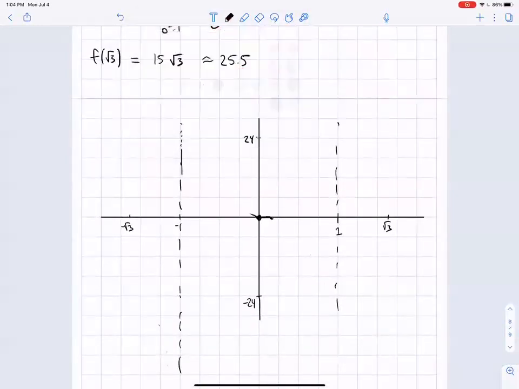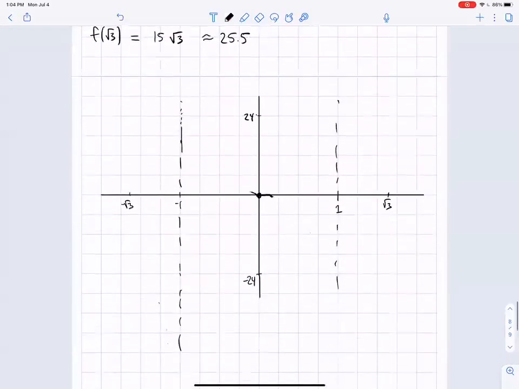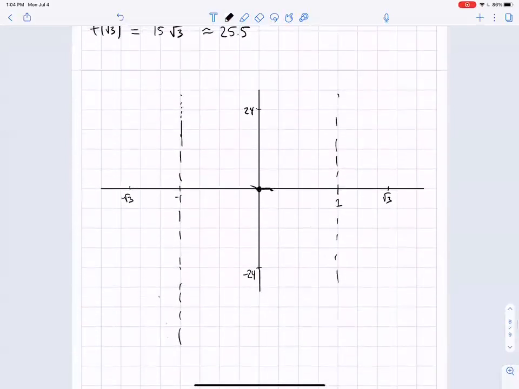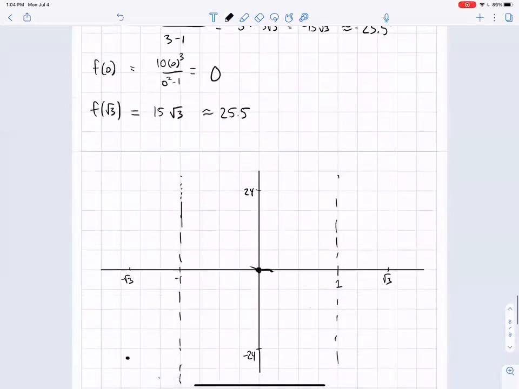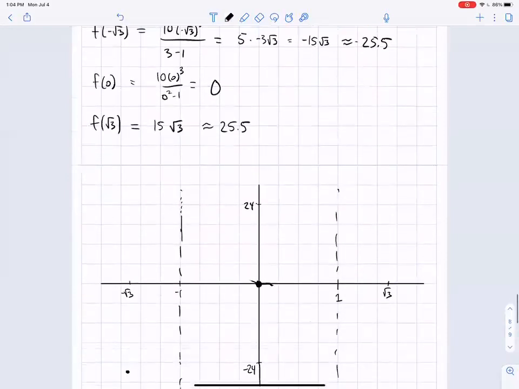And so let's graph it. So if you plug in -√3, you get -25.5, which will be roughly about there. And then if you plug in 0, you get 0. And if you plug in positive √3, you get positive 25.5, which would be something like right about there.